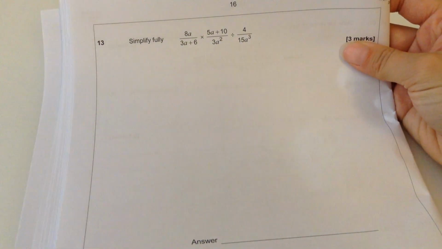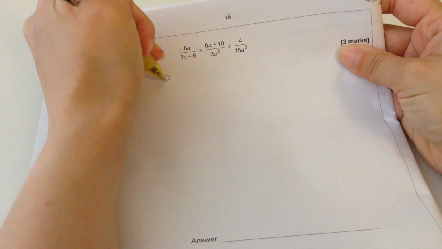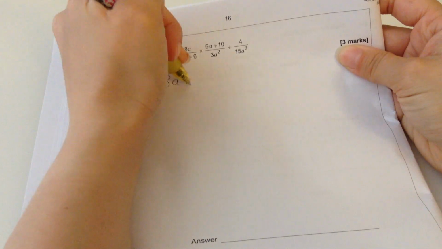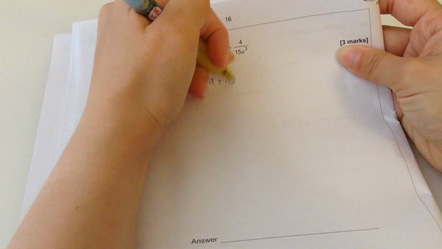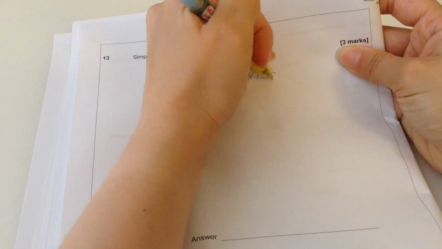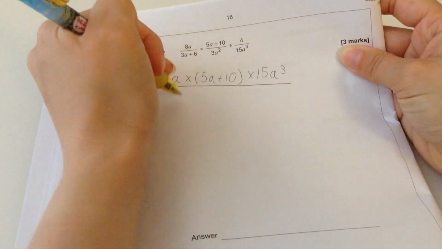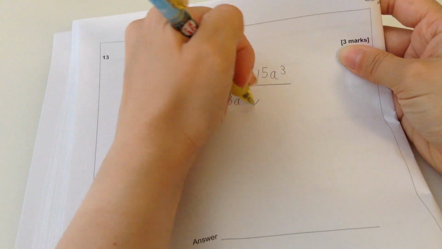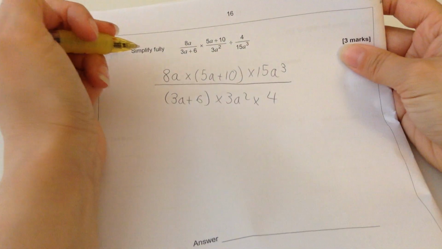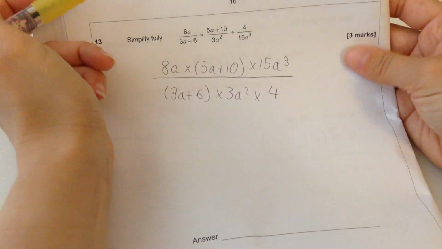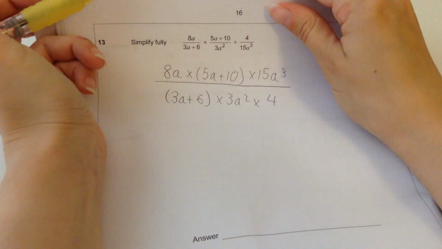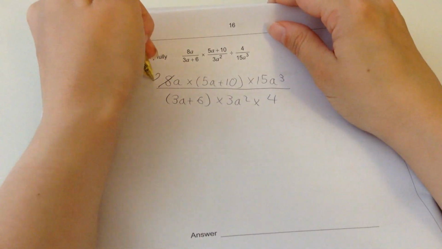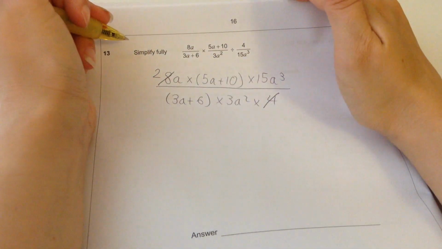Simplify fully. Okay, let's see. Let's do a KFC here. I may as well also put that. Okay, let's see. Does anything cancel here? I can cancel the 8 to make a 2 with that 4.